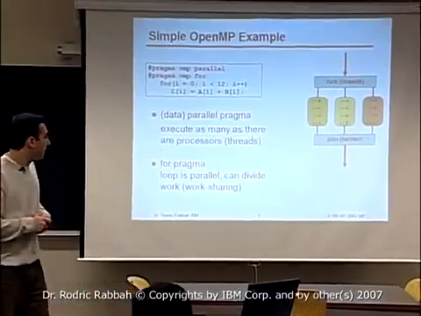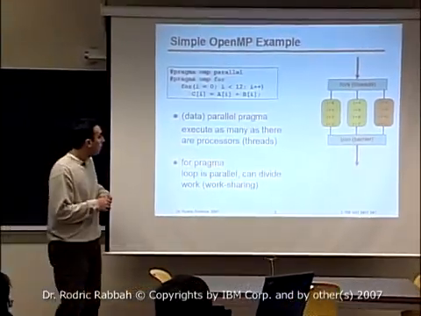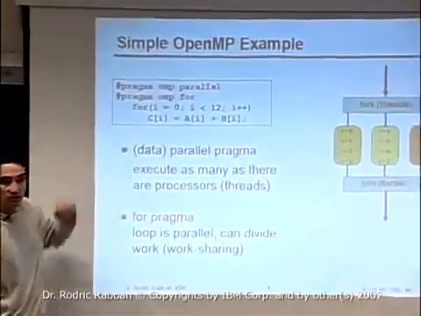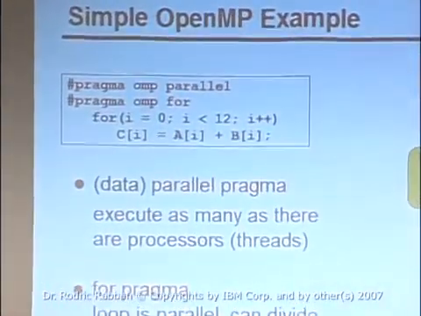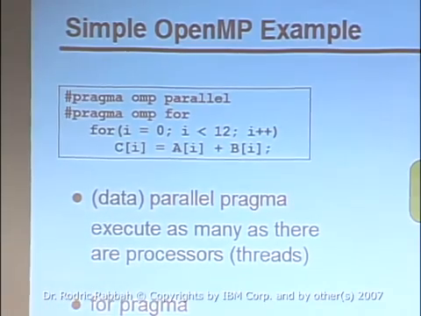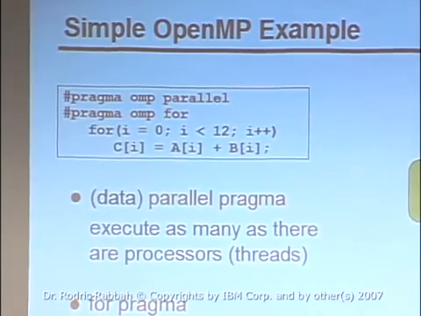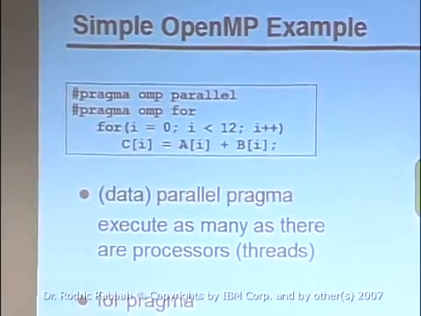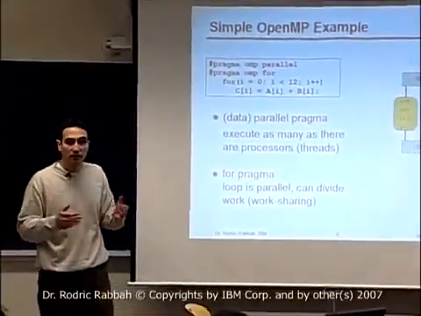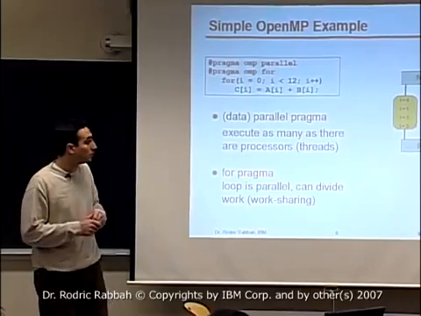So a simple OpenMP example, again using the simple loop. Now I've thrown away some of the extra code. You add in 2 extra pragmas in this case. The first one, the parallel pragma, I call the data parallel pragma, really says that you can execute as many copies of the following code block as there are processors, or as many as you have thread contexts.